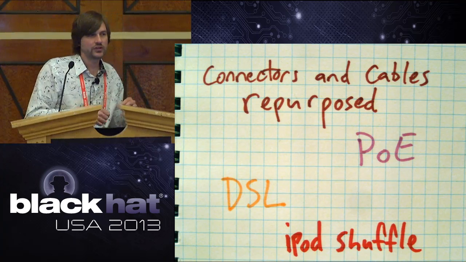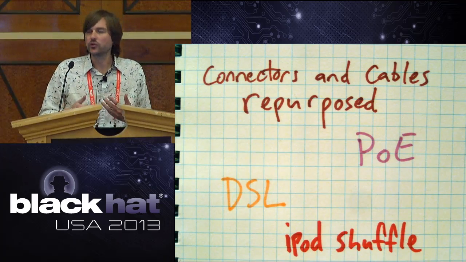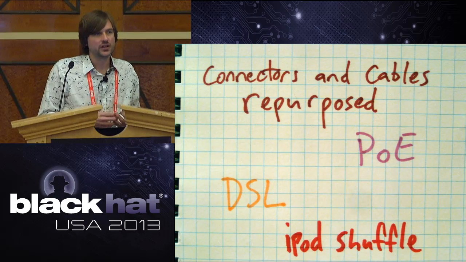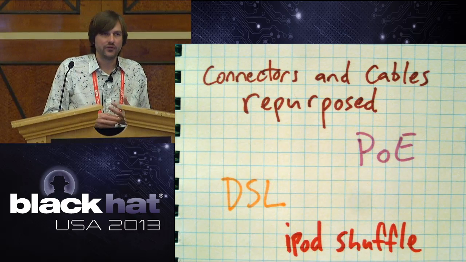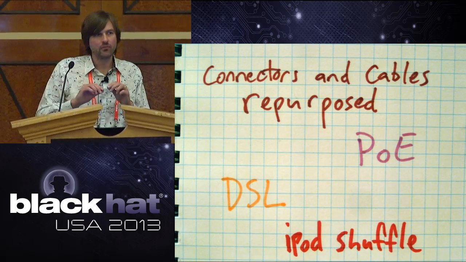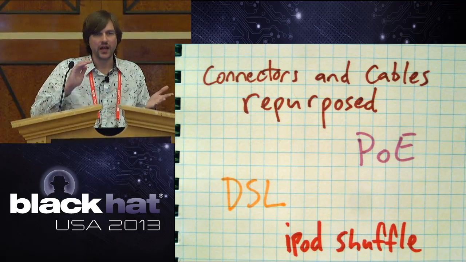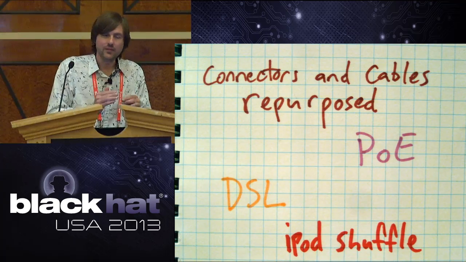So this is the first example that I know of. This and some other portable music devices, MP3 players, do this kind of thing, where they actually implement multiple different technologies, in this case audio and USB, over the same connector.